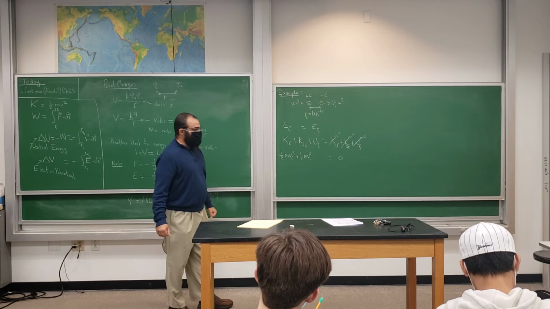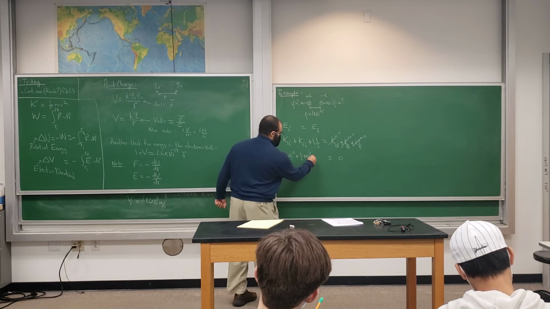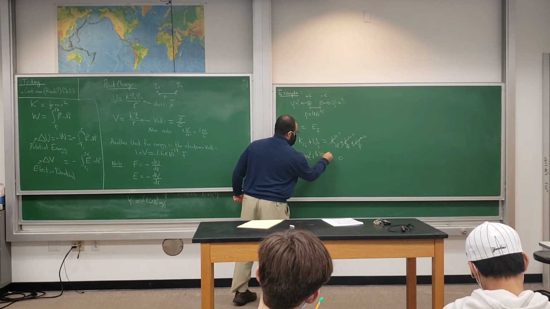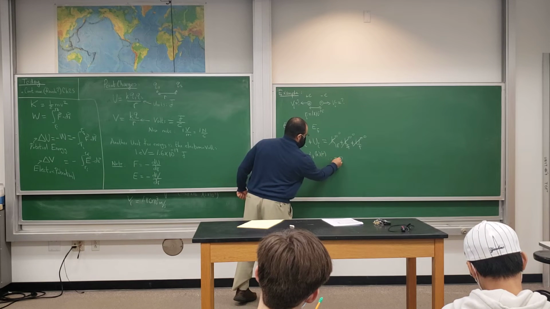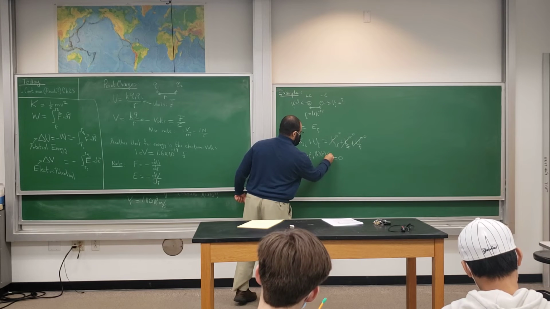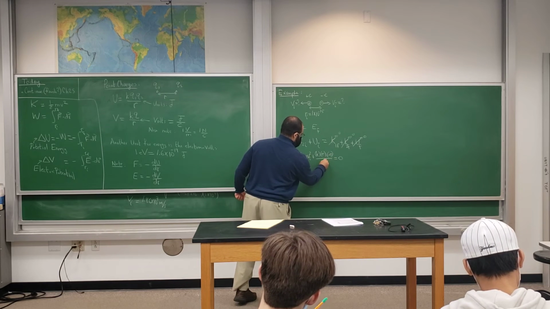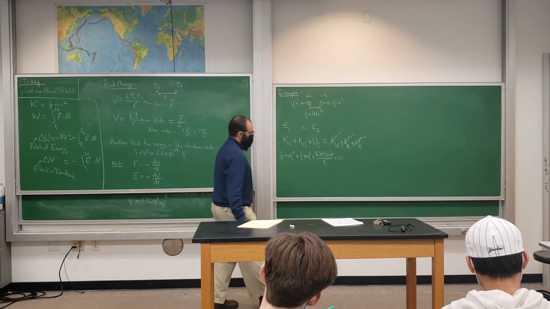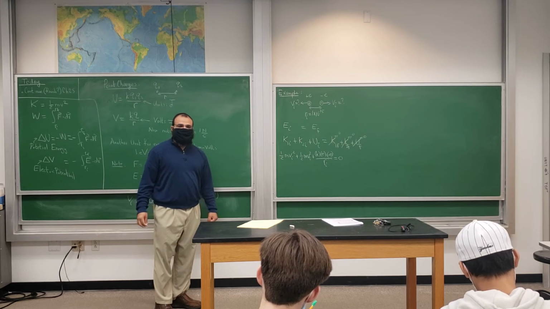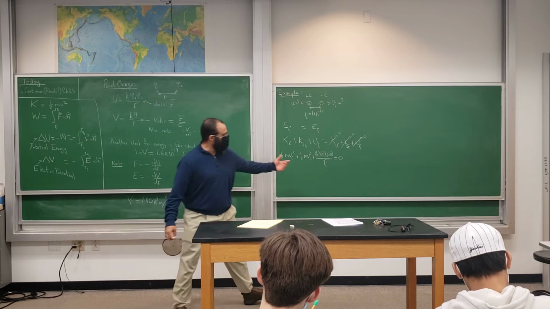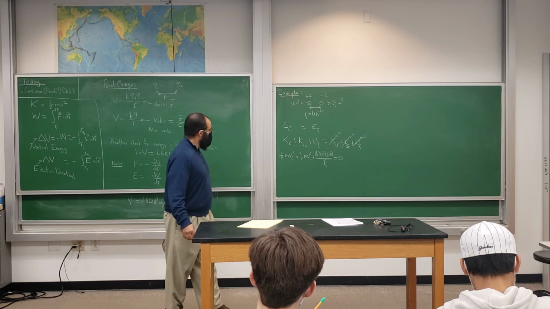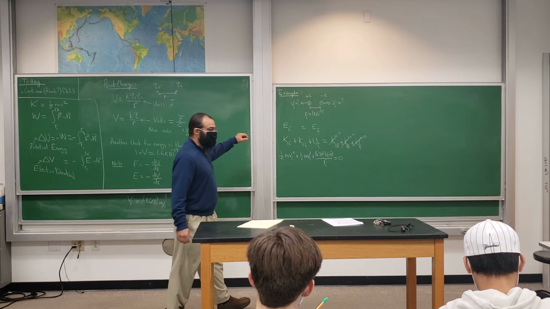Their potential energy will be plus k times charge 1, which is e, and then what's charge 2? It's also e, but with a minus sign. Negative e divided by their initial distance. So initially they have positive or negative energy? Negative potential energy. Professor, is that a positron and an electron? Yeah, that's what the book says.